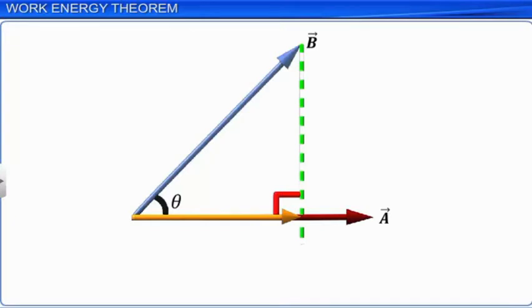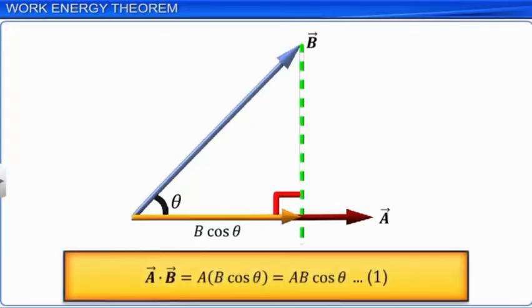Hence, we see that B cos theta is the projection of vector B on vector A. So, the dot product of vectors A and B can be written as A into B cos theta, which is equal to AB cos theta. Let this be equation 1.